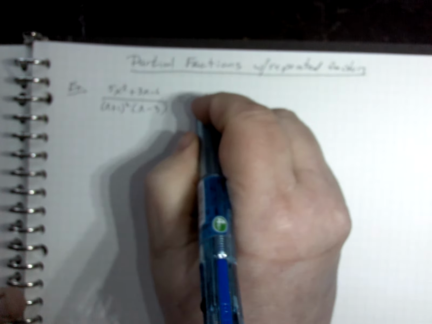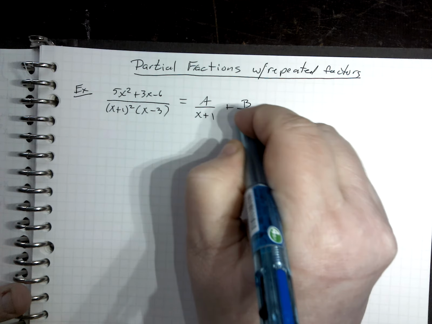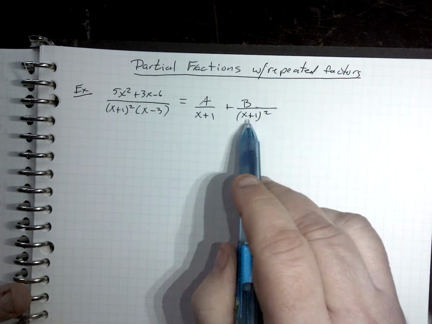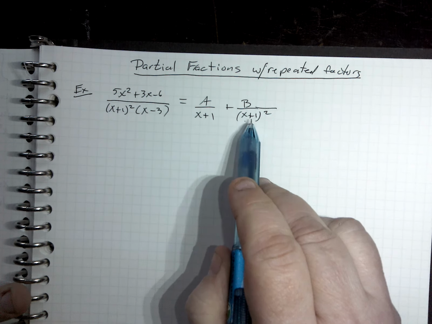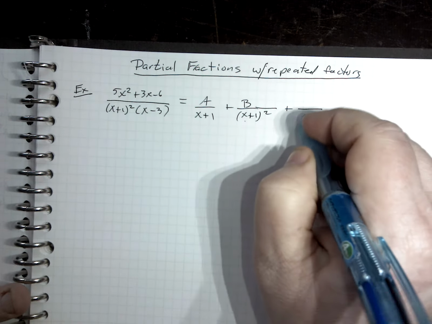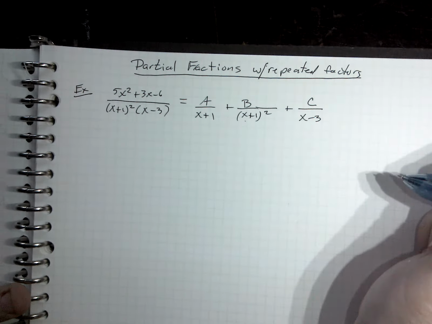So I'll say A over x plus 1, and then I'll have B over (x plus 1) squared. I don't have the Bx plus C because the factor is not a quadratic. And then my last factor is x minus 3, and I'll stick a C on top because it's linear. I need a constant.